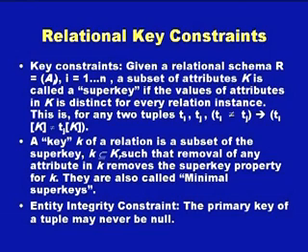And we also saw the notion of referential integrity, which is again an important issue in the relational data model. The referential integrity constraint says that if a tuple of one relation refers to another tuple of another relation, it should refer to an existing tuple.